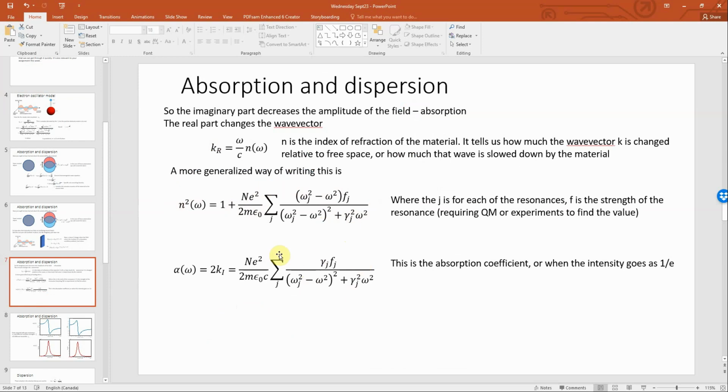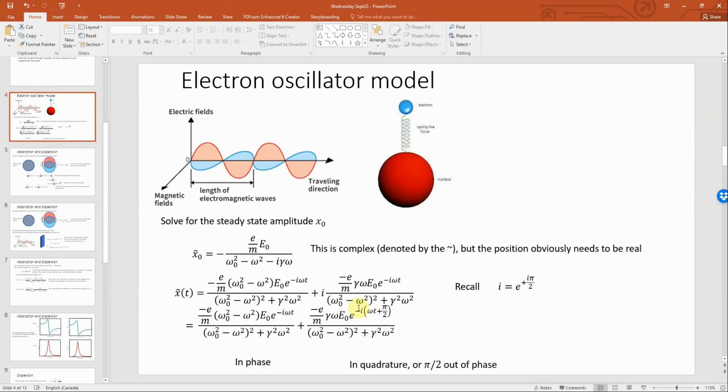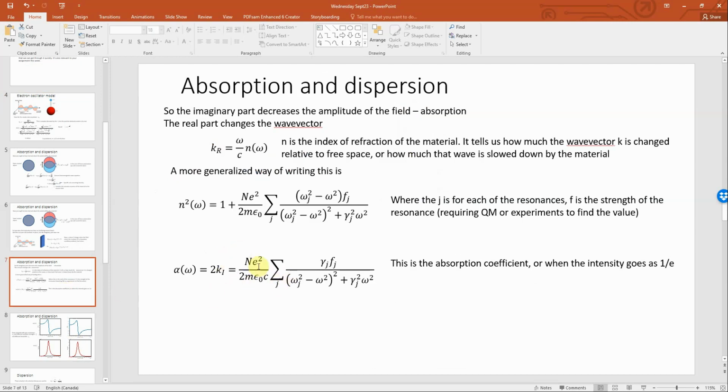And this part that is oscillating pi by 2 out of phase, you can see that you get this gamma omega over this denominator. We have this gamma here. And this is going to be the part that's oscillating pi by 2 out of phase, and this is called the absorption coefficient.